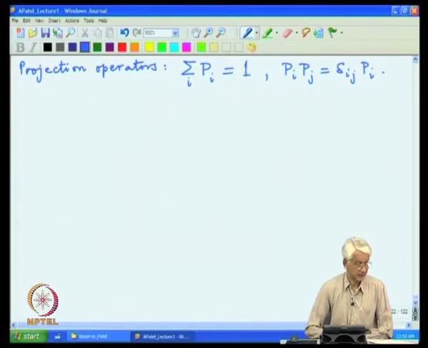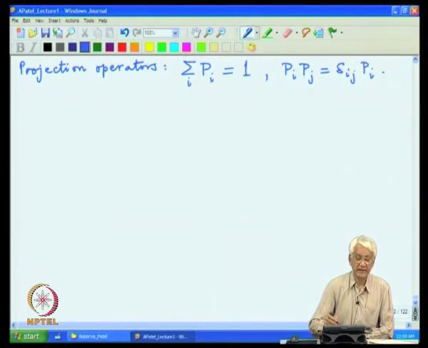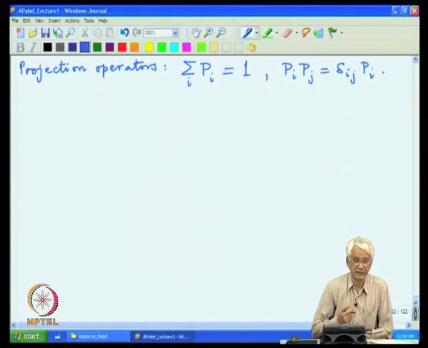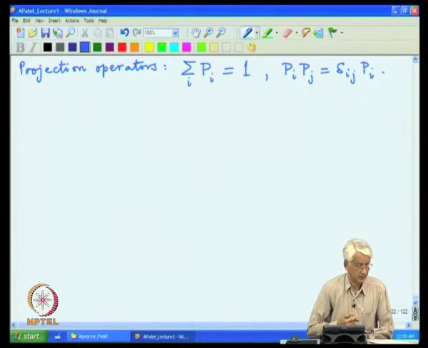We need operators which specify this particular property, and they can be more or less read off from the completeness relation, because we have this set P i which add up to 1. Completeness relation also had 4 objects which were adding up to 1, and we just have to convince ourselves about what were the correct objects.